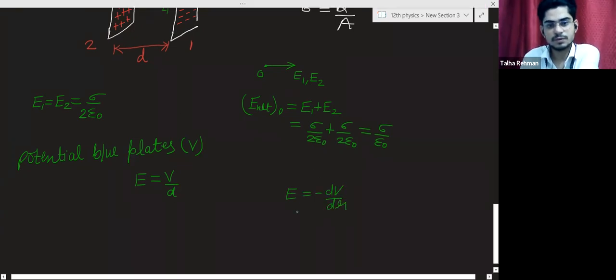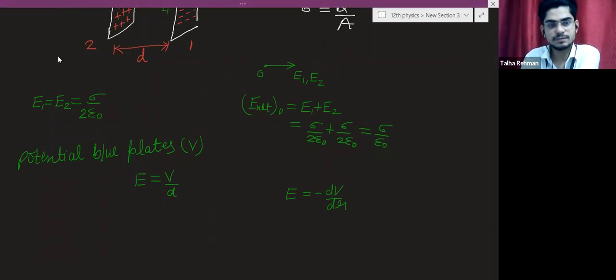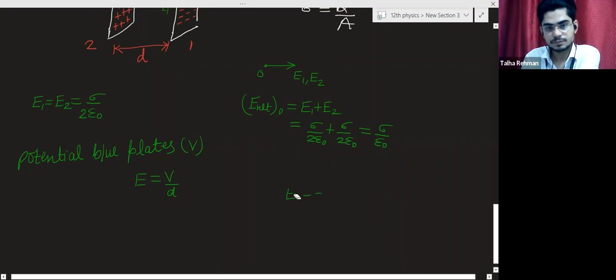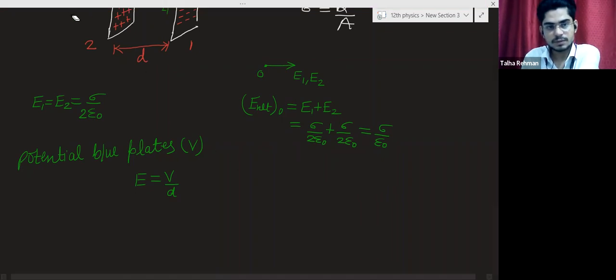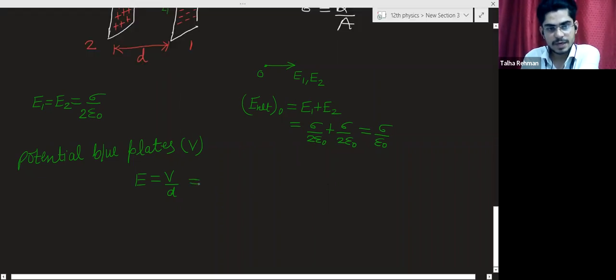Okay, so E equal to potential by distance, and I can write this equation as V equal to E into D.